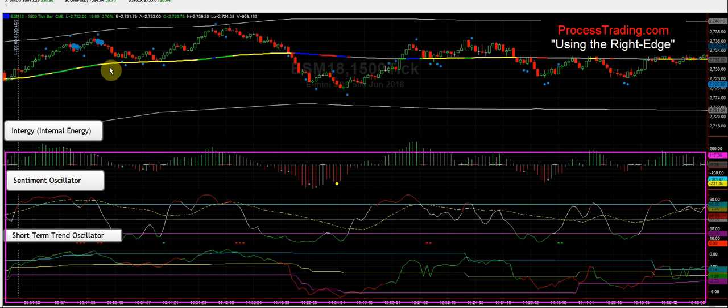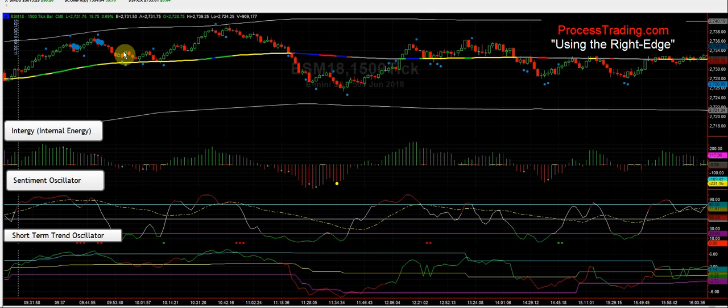Now, the way the trade management works that's associated with this is that when you have the VWAP yellow and you have a timing alert dot, then you can take a trade, but you must set your order entry 2 points above the high of the bar associated with the timing alert dot. So in this case, the 2 points would have been up here, and you would not have got filled.